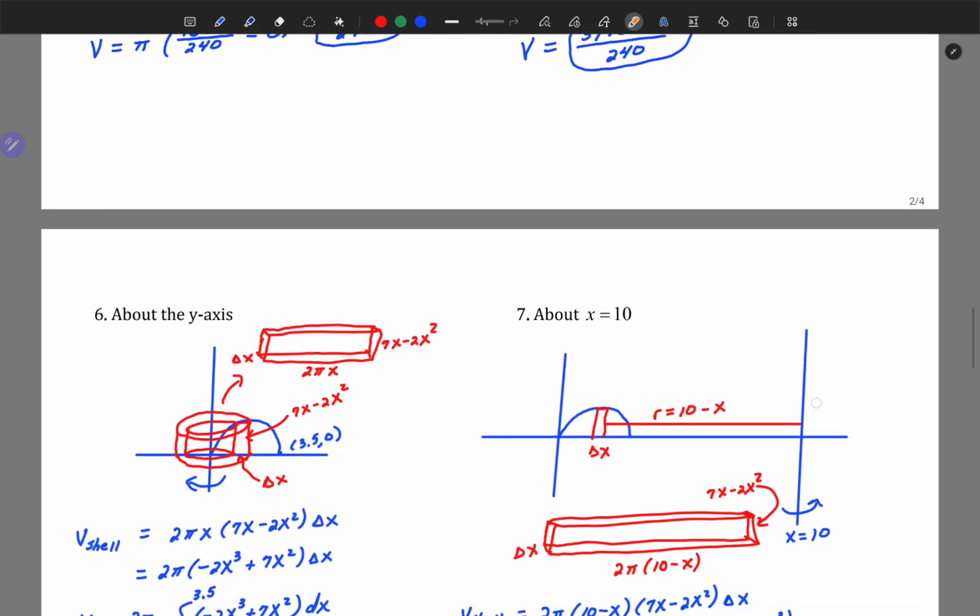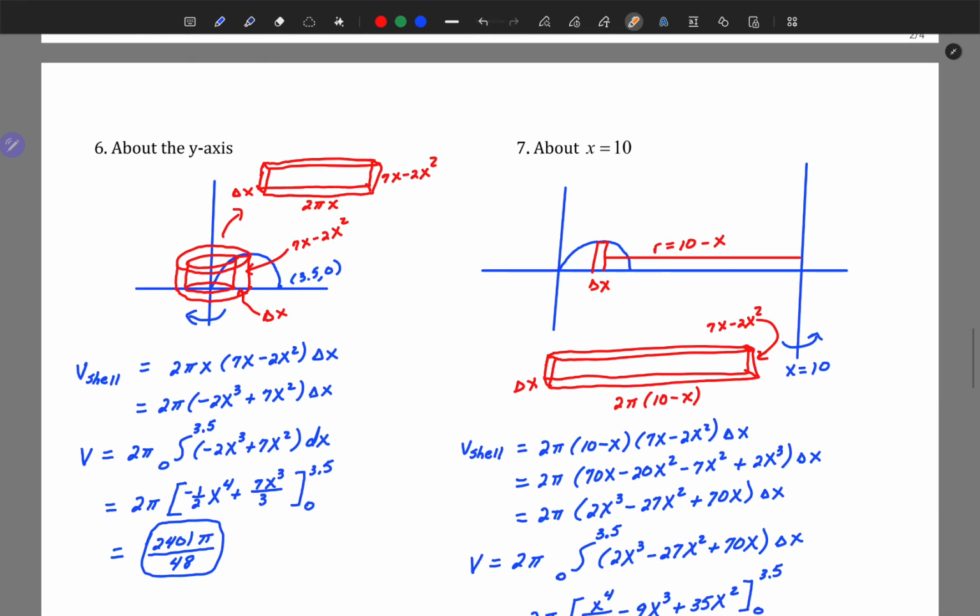But anytime you're revolving about a vertical axis of revolution, if I were to do slicing, the slices would have a thickness with respect to y, and it would make this problem extremely difficult. So slicing is not a good idea on problems 6 and 7.